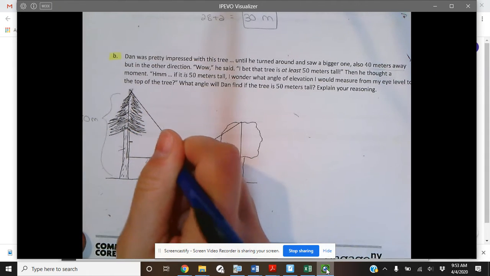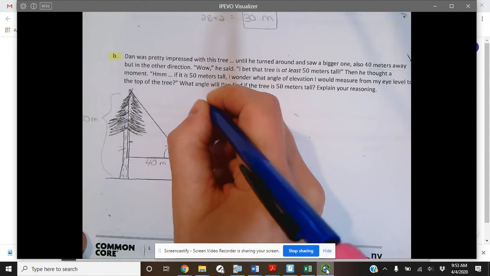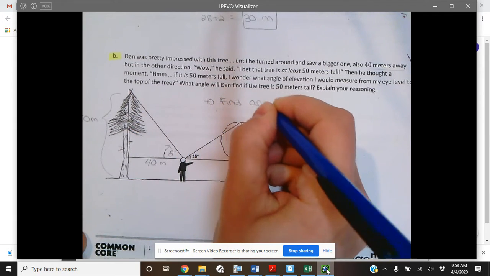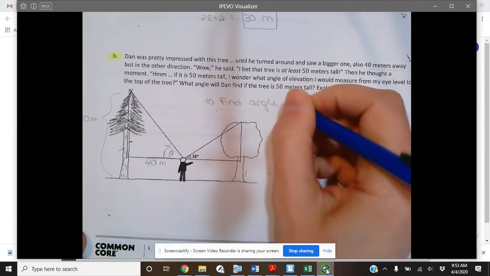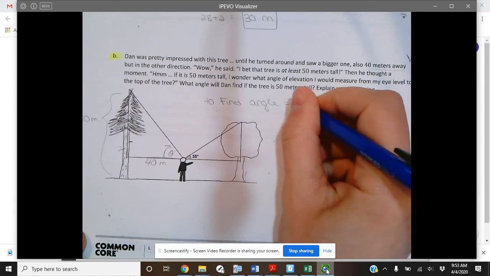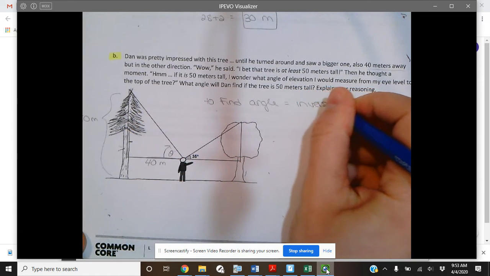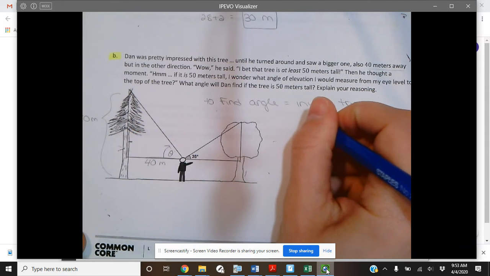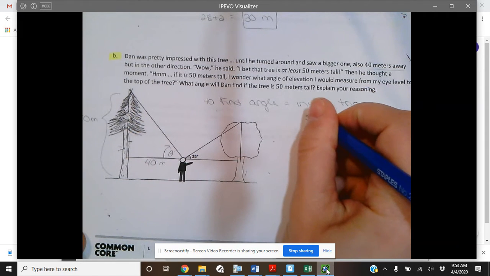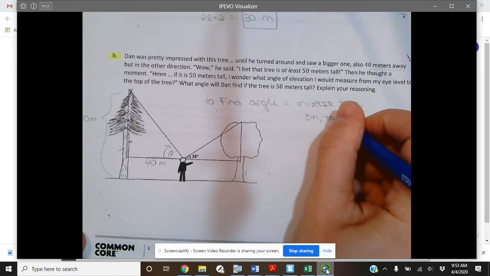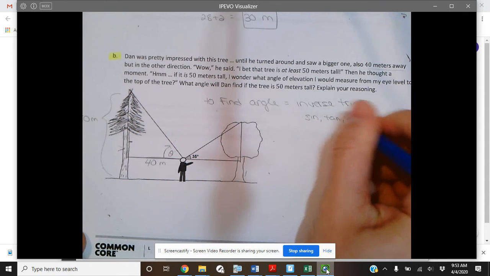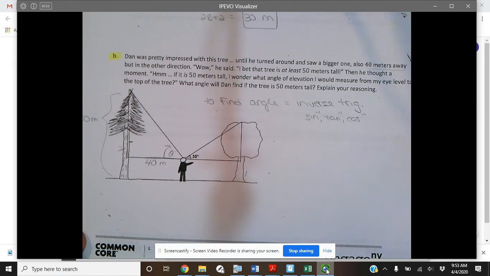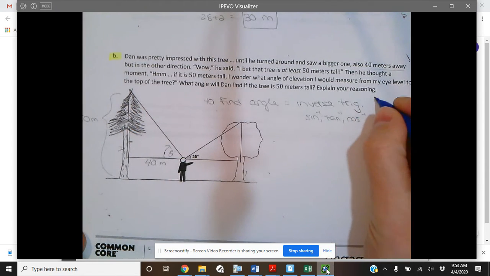Now, because we're finding an angle, you do inverse trig. Inverse trig is just where you have either sine, cosine, or tangent to the -1 exponent, which is what it looks like on your calculator. So you're going to have to hit the second button first.